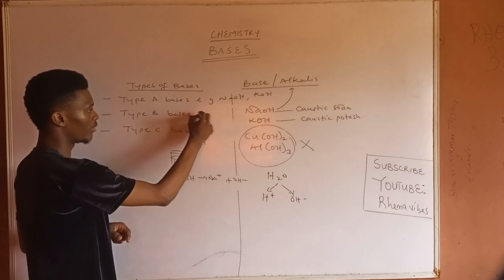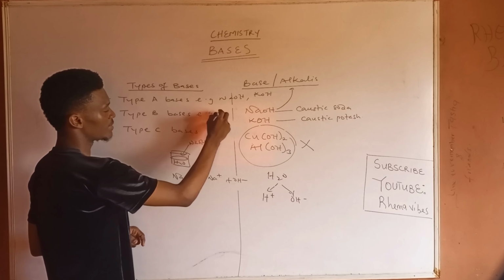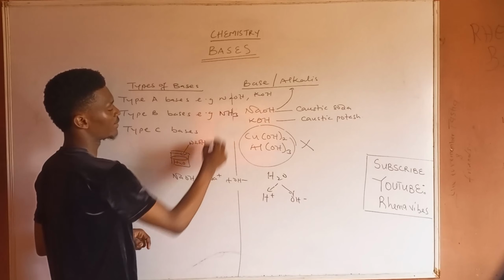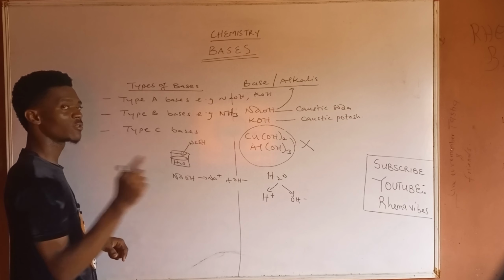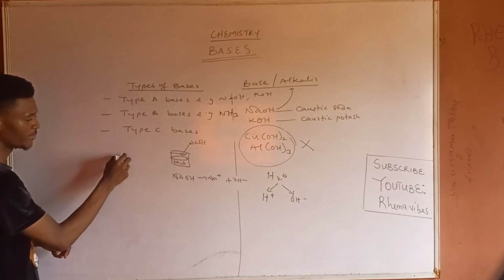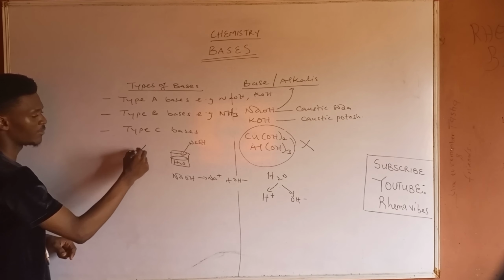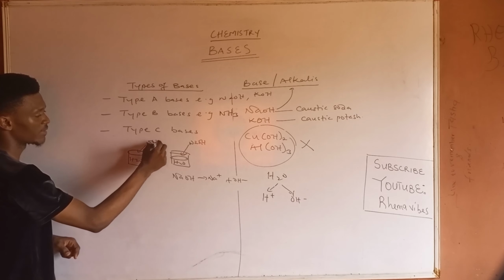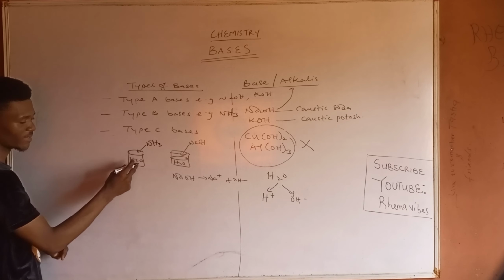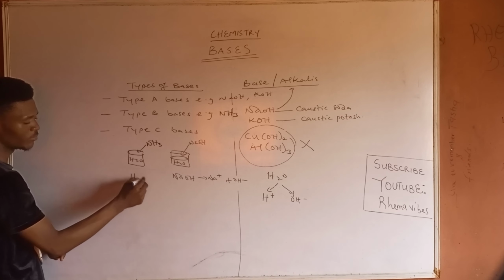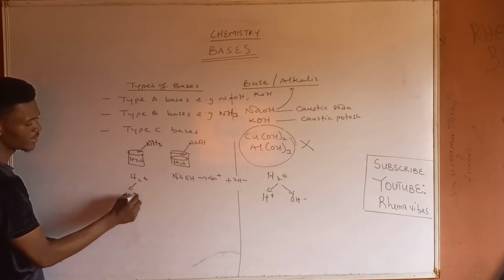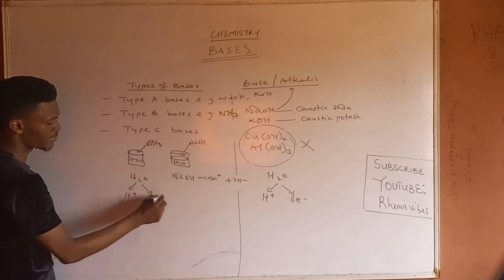Classical example of type B bases includes ammonia. Now, when ammonia is dissolved in water, what happens is this: let's say you have this container containing water and you dissolve ammonia. See the reaction that occurs. First, the water molecule will split into H plus and OH minus.